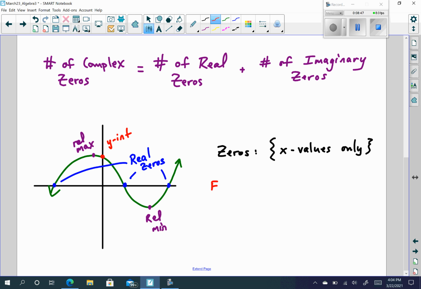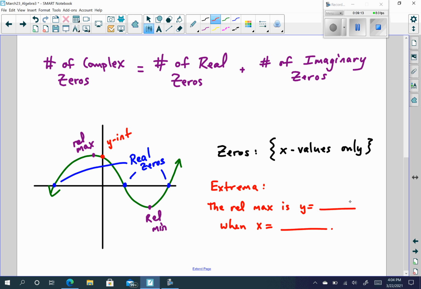When we go to write out what the extrema are, this is how we always want to phrase it, because the extrema are the y values. So we're going to use this statement. The relative max is y equals whatever the y value of the ordered pair is when x equals blank.